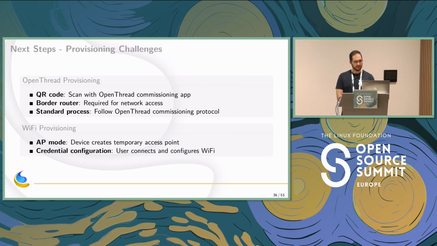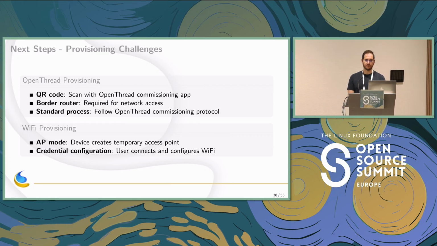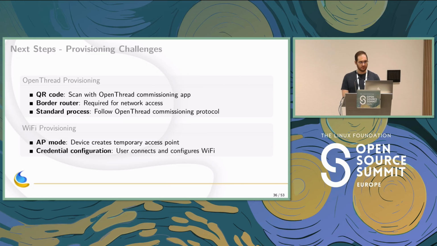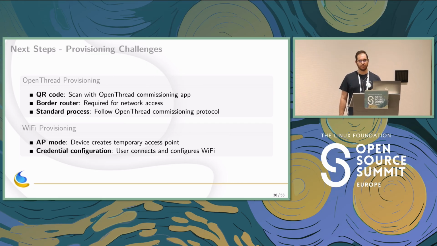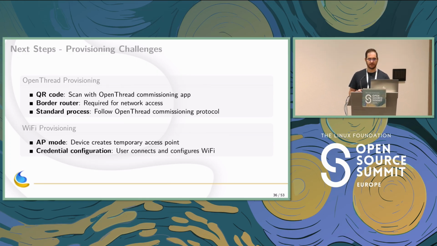Another thing to do is provisioning, so how to add the device to the network. For Wi-Fi, I've already done more or less something. It's not finished. But when a device is not connected yet to the network, it will start in AP mode, and will wait for the user to connect using a smartphone and send the credentials, and then it switches to station mode.